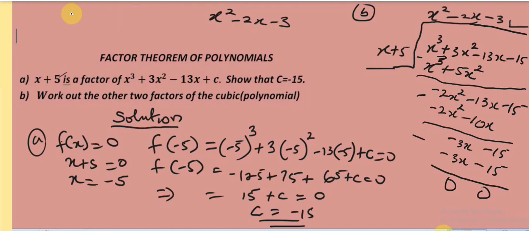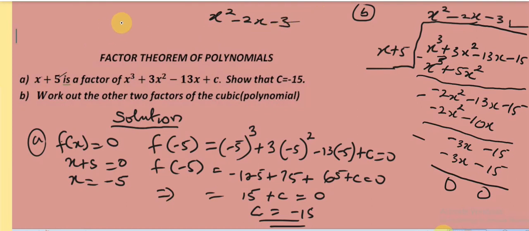These two numbers are actually 1 and minus 3. Because if you add 1 and minus 3, you're going to get minus 2. But if you multiply 1 and minus 3, you're going to get minus 3. So now it's very simple.